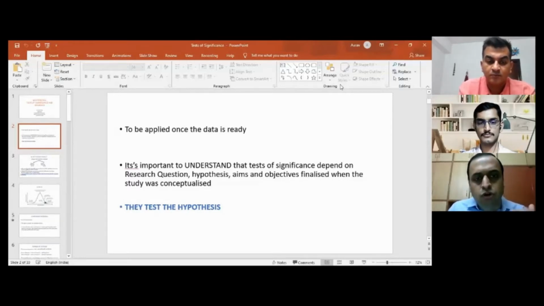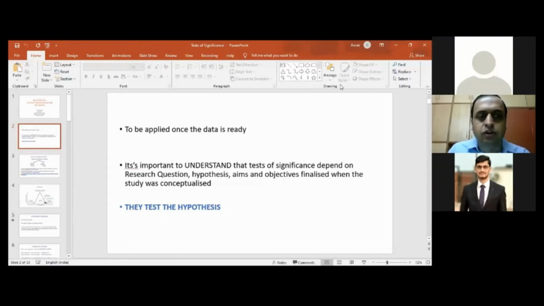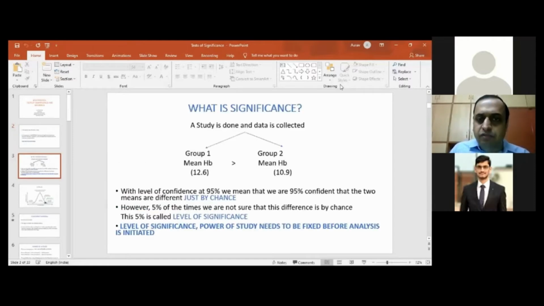Before I go on to the individual tests of significance, I will try to give a gist of certain important terminologies which come across when somebody is trying to apply the test of significance. The first thing which comes to mind is what is significance. Suppose there is a study with two groups, group 1 and group 2.